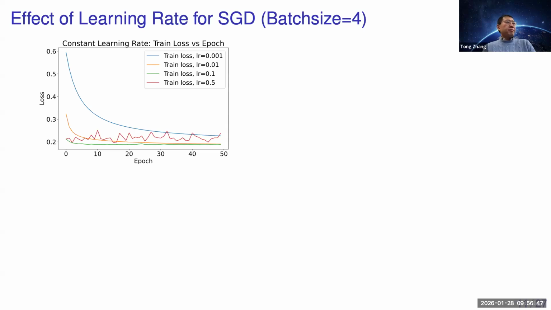Here it basically shows, with the same batch size, and let's say this one is a very small learning rate, right? It's a very smooth decay, even with the batch size 4. But it's slower. If you look at the decay speed, it's slower, because each step is small, taking very small steps. But small steps make noise less.